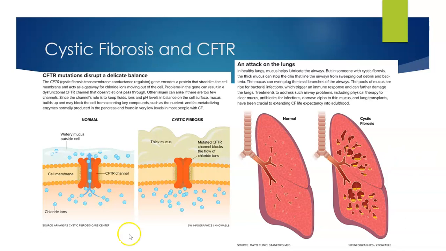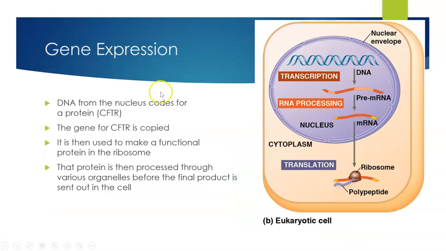So how do we get from this proper chloride ion channel to this dysfunctional one? Well, the answer is that it is a difference in the DNA that is coded in our cells. In the process of gene expression, we take the information from our DNA and we use it to make a protein.